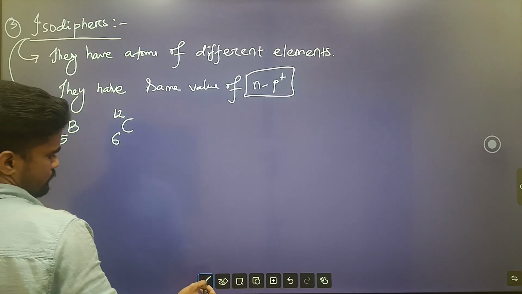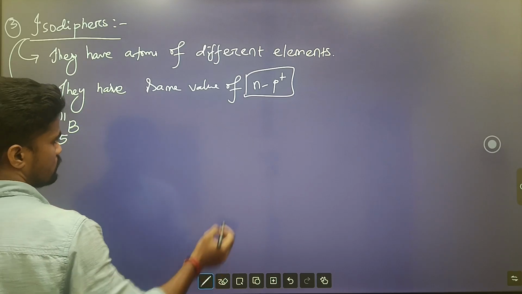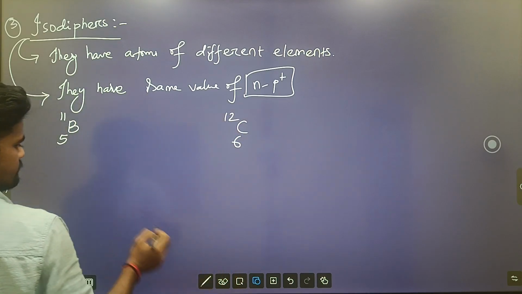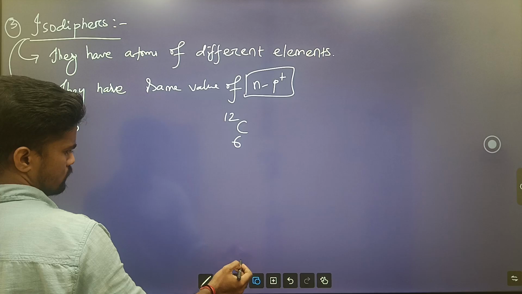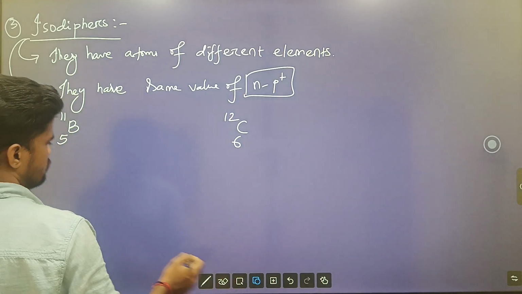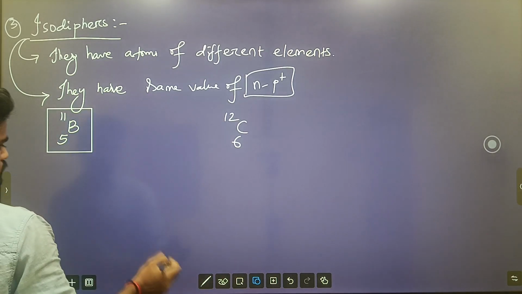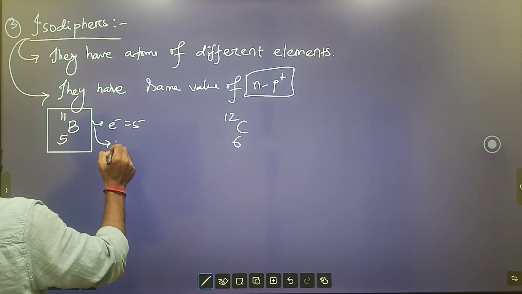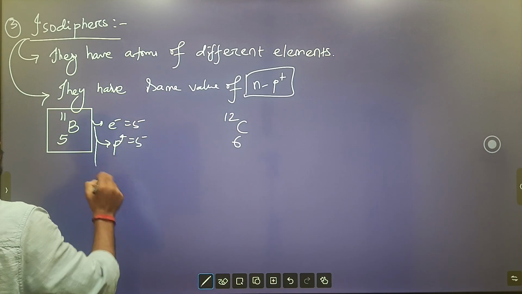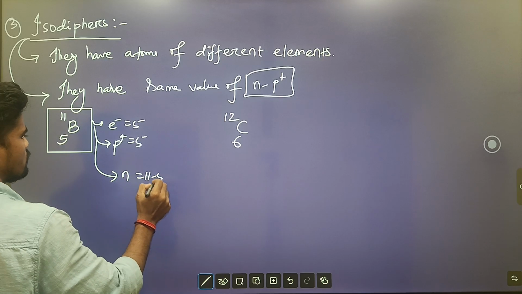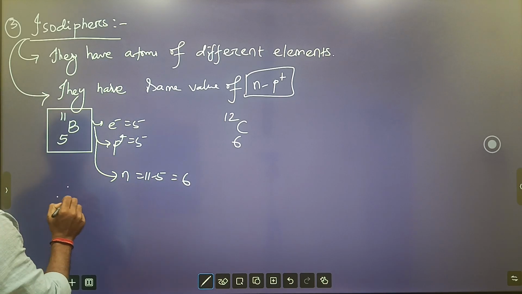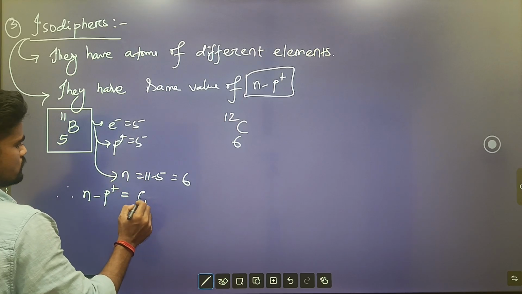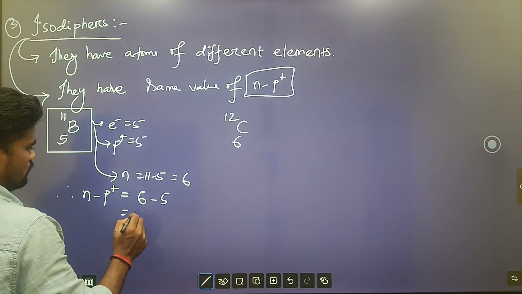In the first case, electrons 5, protons 5, neutrons 11 minus 5 equal 6. Therefore the number of neutrons minus the number of protons equals 6 minus 5 equal to 1.